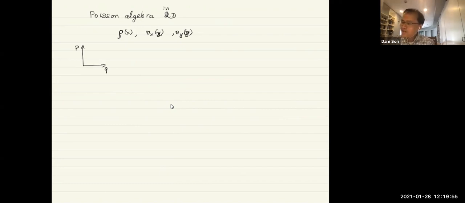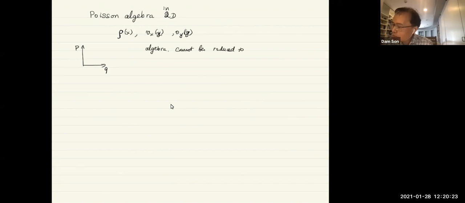So here we have a phase space that is odd dimensional, and so that means that this algebra cannot be reduced to canonical form.